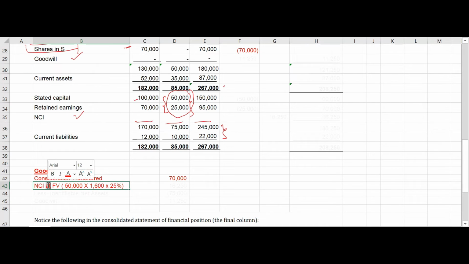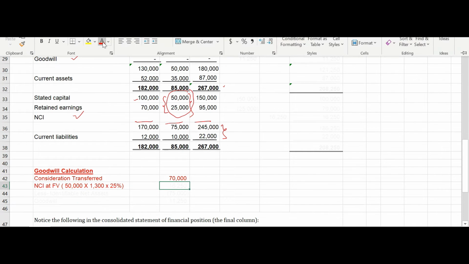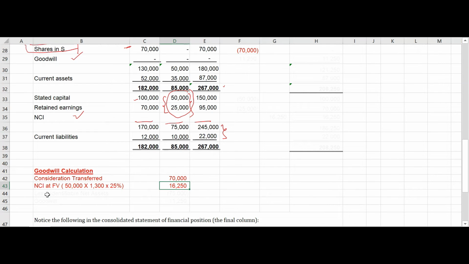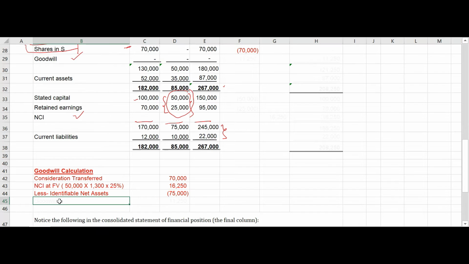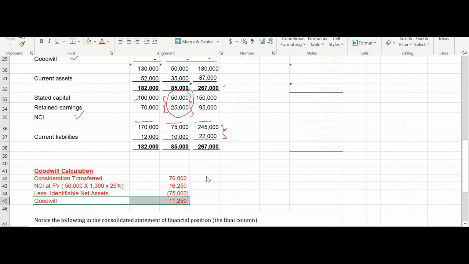So that will be how much? 16,250. Okay. So then you need to remove the identifiable net assets at the time of acquisition, which will be 75,000. So then the goodwill has to be 11,250. So your goodwill is 11,250.